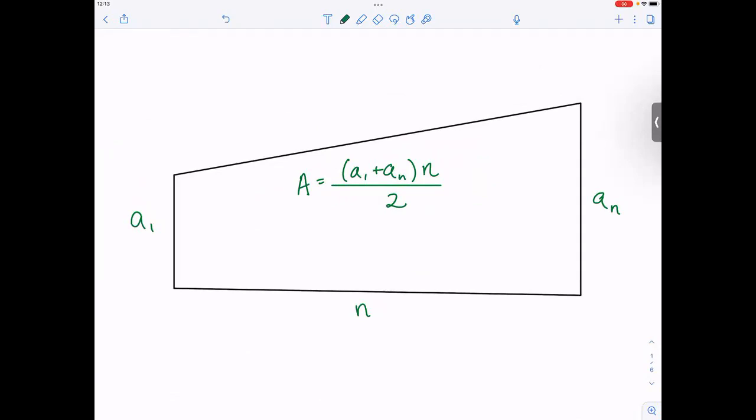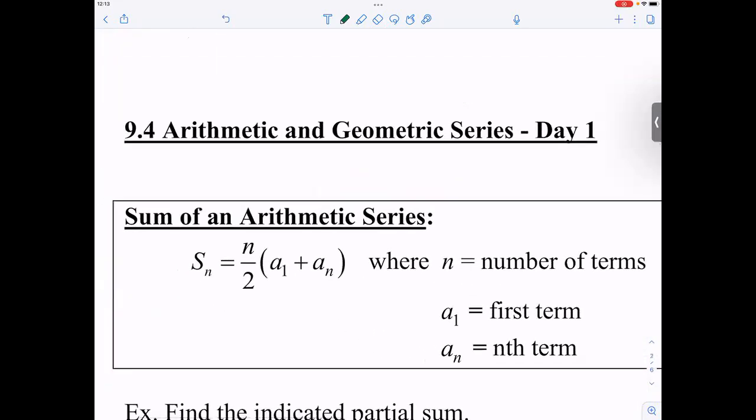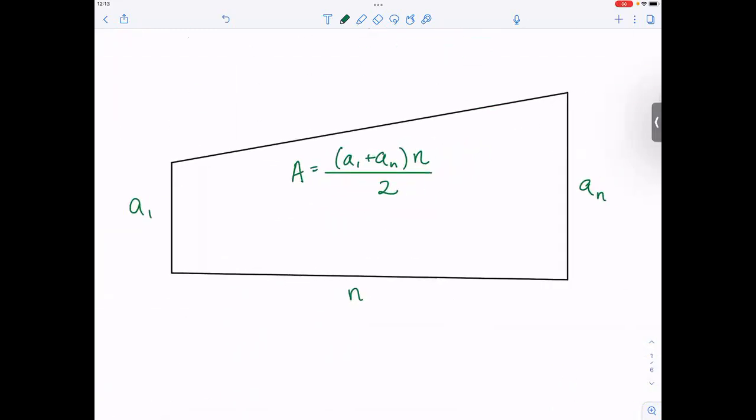We have a list of numbers. We call it an arithmetic sequence, and we're going to add some numbers together. Well, how? Well, we say use this equation. But where does this equation come from? It came from the trapezoid.